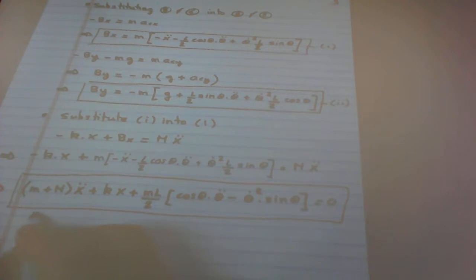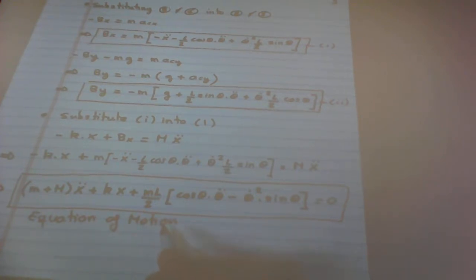So what would this be? This will be the equation of motion for what? For the block. Of the block. So, Professor, would it be valid in this problem to use the small angle? Yeah, that's what we're going to do next.